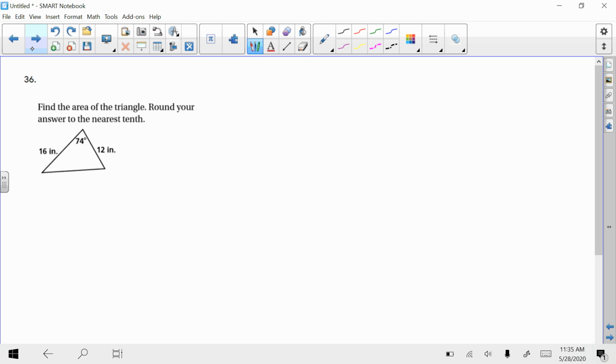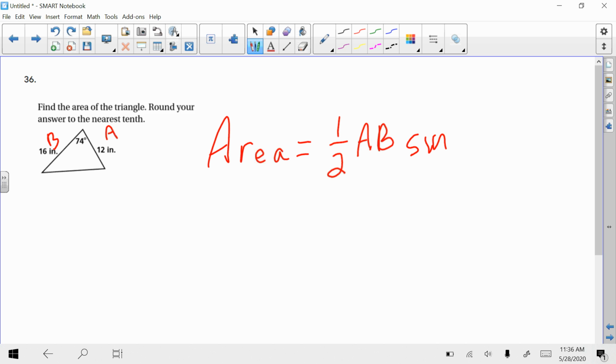All right, many people got this wrong, probably because you didn't remember this formula. You can find the area if you have two sides and the included angle by using this slick little formula: 1/2 AB, where A and B are your two side lengths, times the sine of C, which is your included angle.